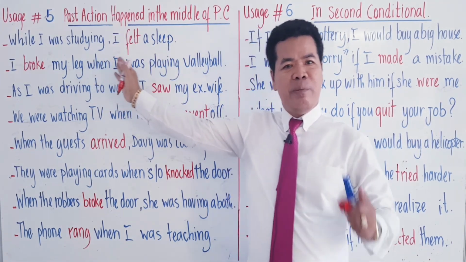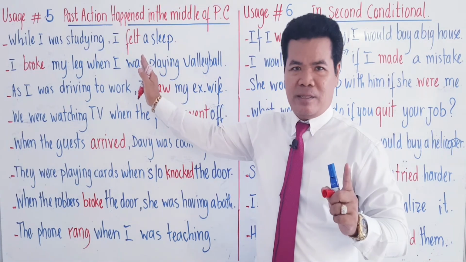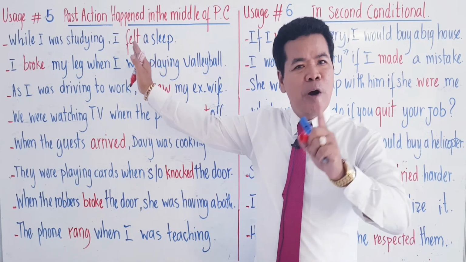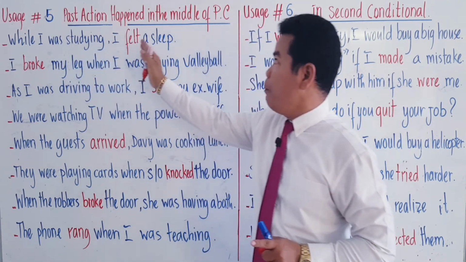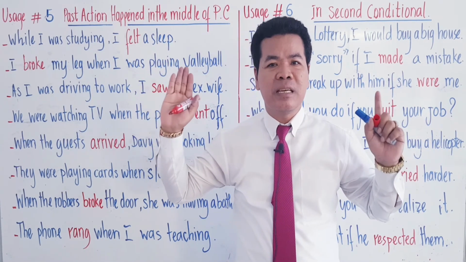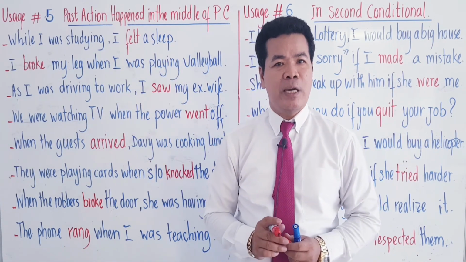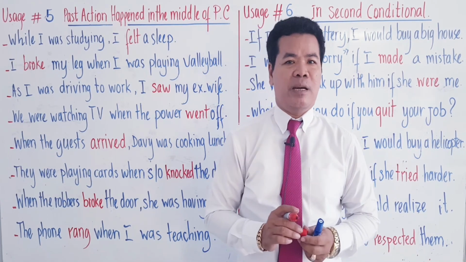You have to remember, both of the sentences finished in the past. Both of the sentences, whether past continuous or past simple, finished in the past. Okay? It doesn't go to the present time. It doesn't continue to the present time.